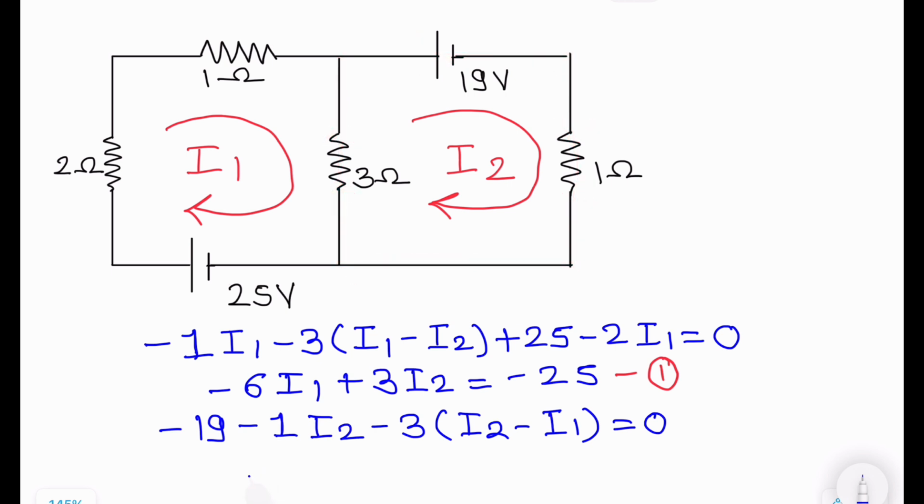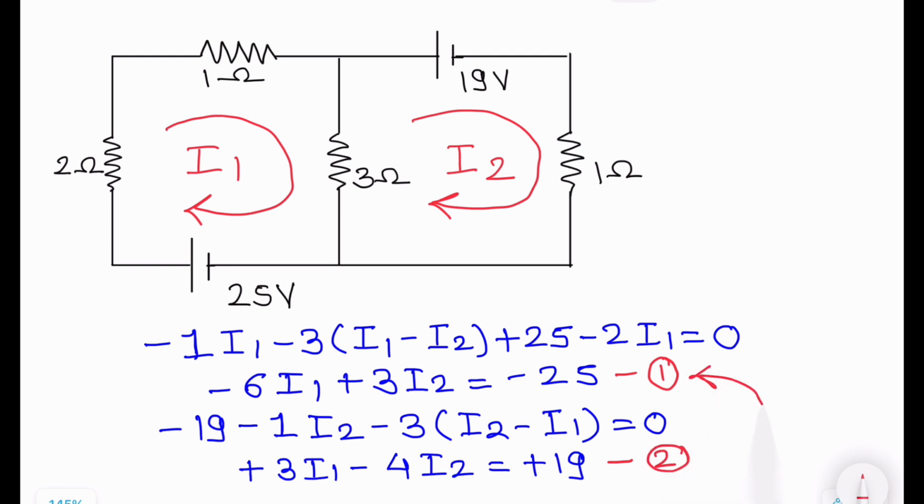Let us write down this equation in proper fashion. Plus 3 I1 minus 4 I2 is equal to plus 19. This will become your equation number 2. And now if you solve these equations simultaneously, you are going to get the values of I1 and I2.